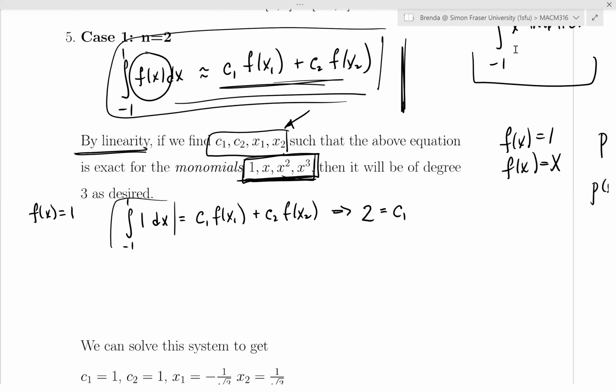No, 1. The whole function is 1 at all values of x, right? Okay, so f at x1 is 1 and f at x2 is 1. So that means if I want this quadrature rule to work for the function f of x equals 1, it must be the case that c1 plus c2 is equal to 2. I mean, f of x1 is equal to f at x2 is equal to 1 because the whole function is just 1. Constant.